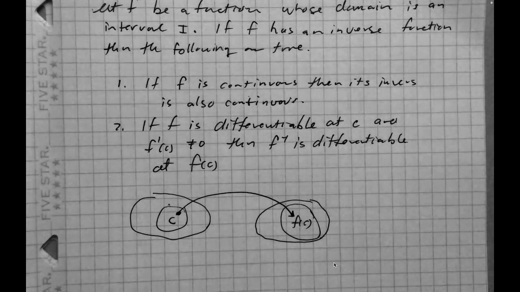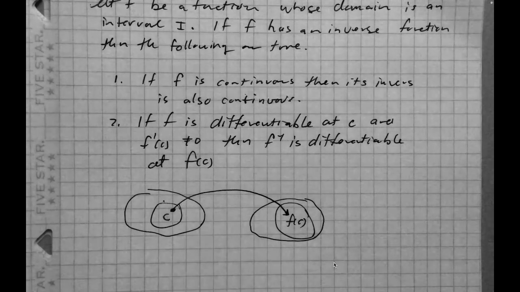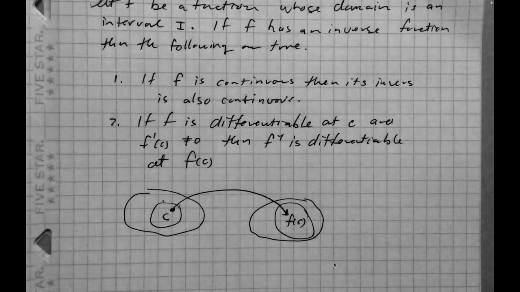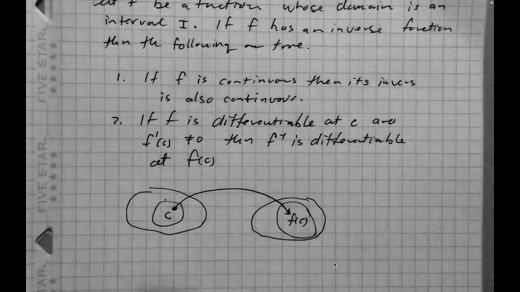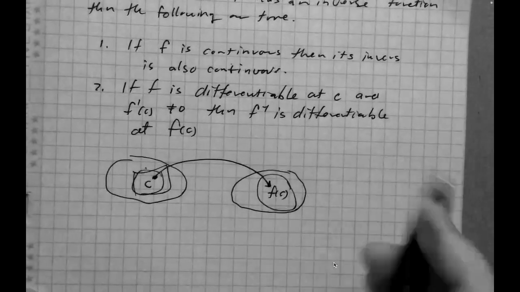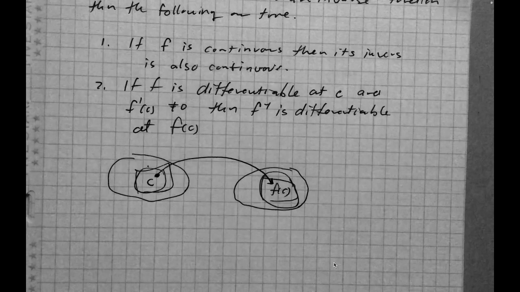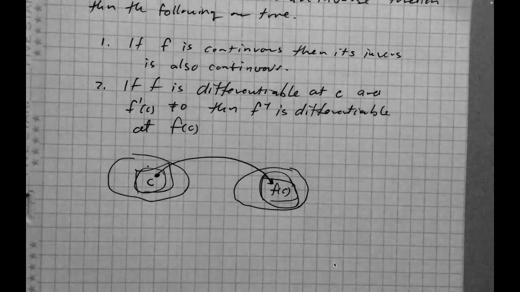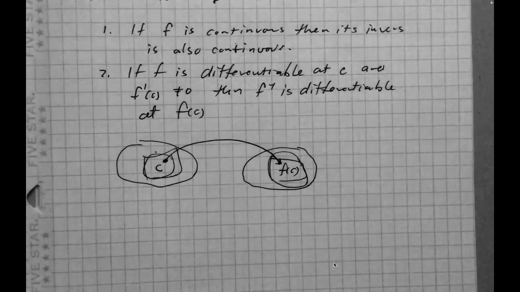So that's kind of the big picture, right? If f has an inverse, then f inverse is almost always differentiable, and it works in the way that you would expect. If I can differentiate f at c, then I'm likely to be able to differentiate f inverse at f of c, right? Very good. As you would like it. Then sometimes things work out.